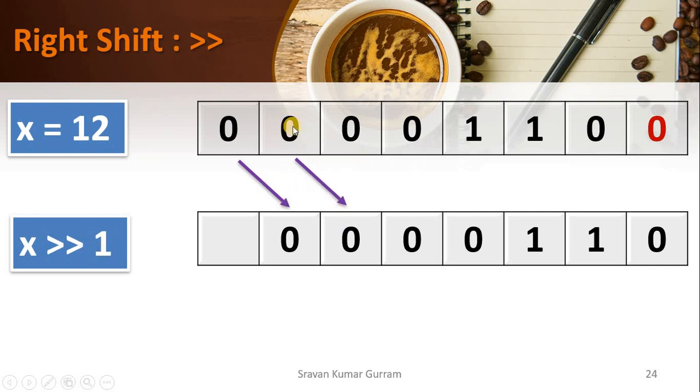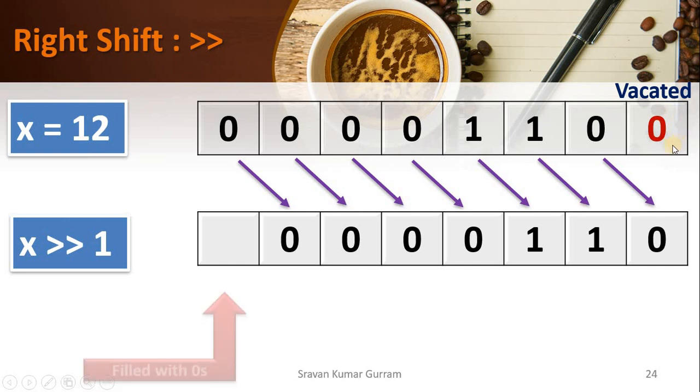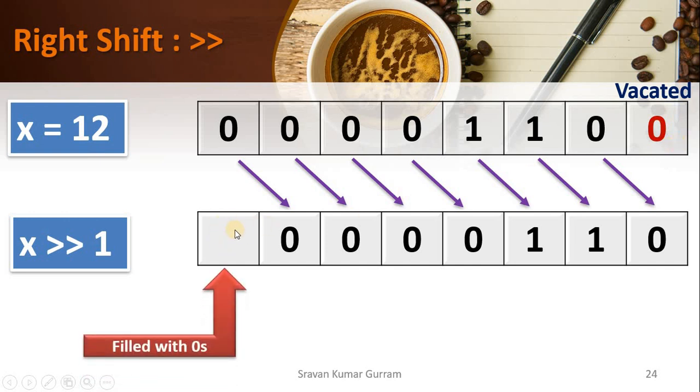In the same way, the second cell value of the input becomes the third cell value in the x right shift 1 result. So every value is shifted to the right side by 1, and the vacated space is filled with zeros.